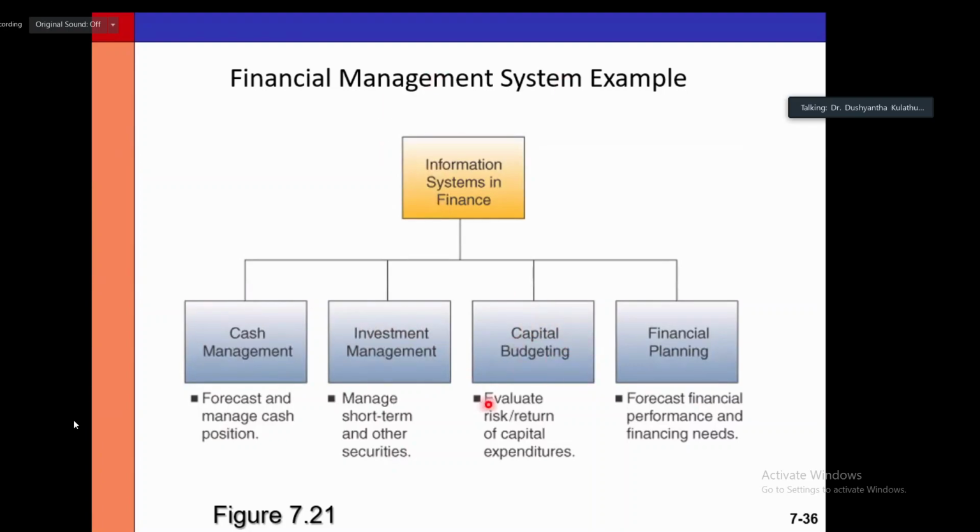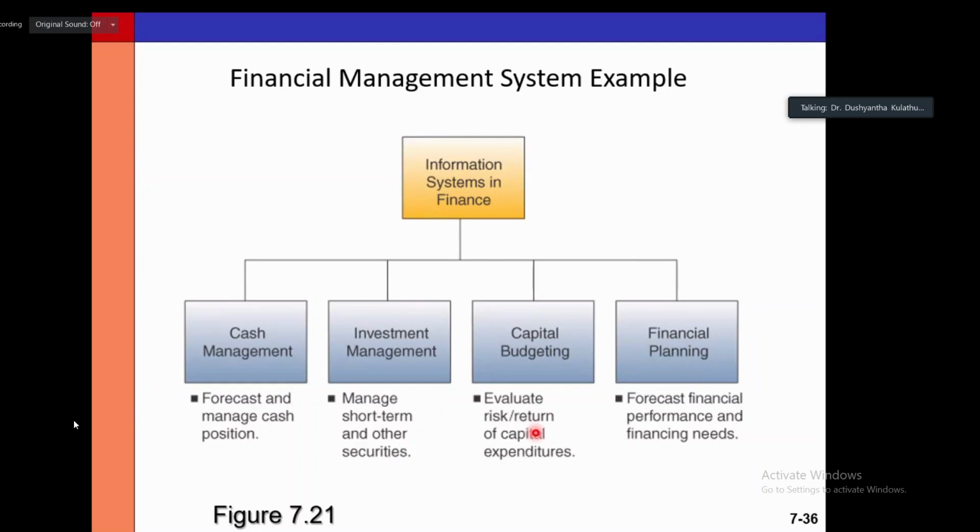And capital budgeting, evaluating risk and return of capital expenditure. As I mentioned earlier, the organization has to make certain decisions in relation to capital investments, like investment in new machinery, replacing machinery, or establishing a new plant.